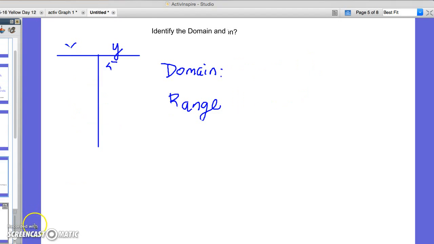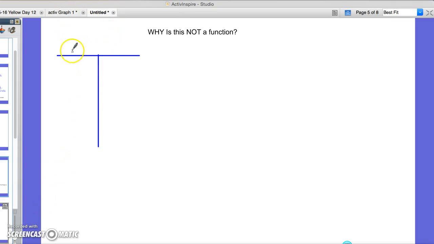Now, let's look at this one. X, y. When x is 2, I'm just making up some numbers. Let's first of all give myself some values for x. 2, 5, 8, I don't know, -3. And now I'll pick some values for y. I'm just picking these randomly. I'm not using any rule at all.